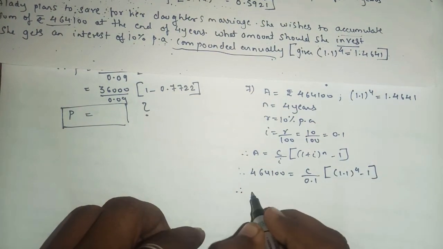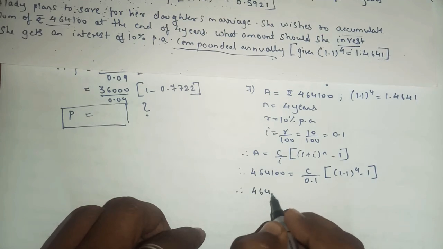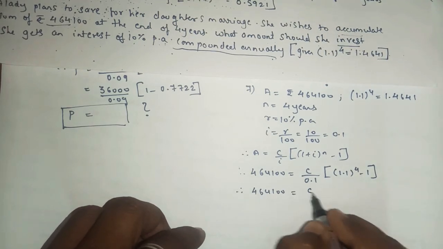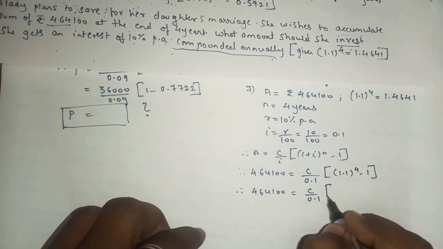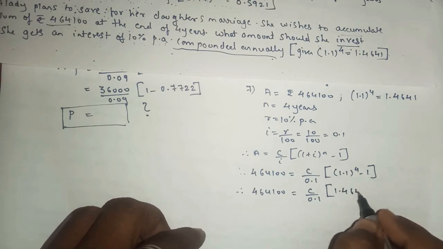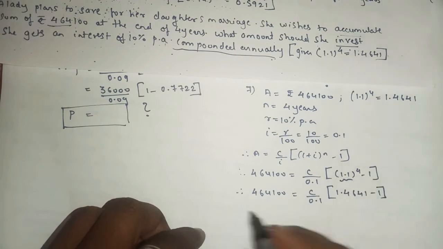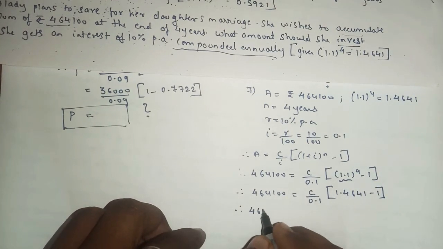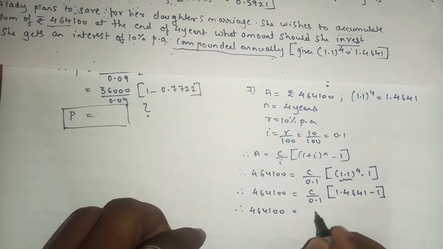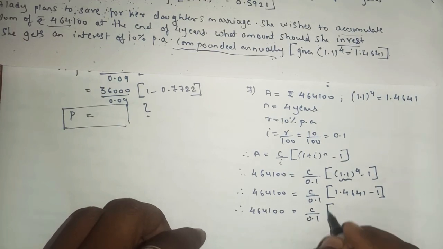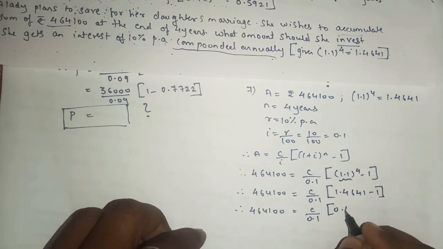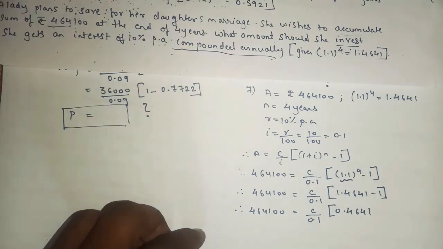Therefore 464,100 equals C upon 0.1, 1.4641. In place of this we can substitute this ready-made value, yes or no. So 464,100 equals C upon 0.1, 1.4641 minus 1, it will be 0.4641.